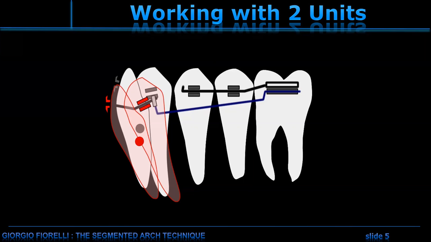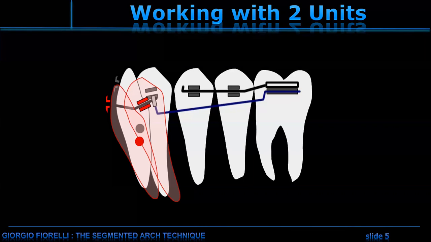This is a special case we call absolute consistency. You want to move the posterior and anterior unit, or right and left, whatever it is, but you are still using a passive wire to consolidate more teeth as a single unit.